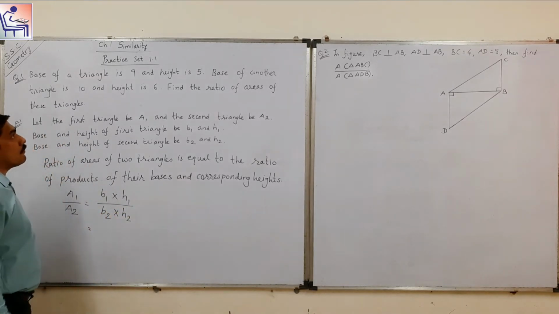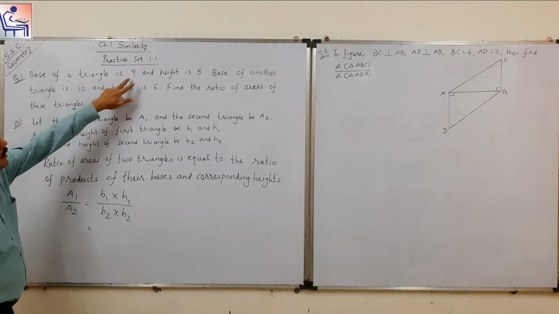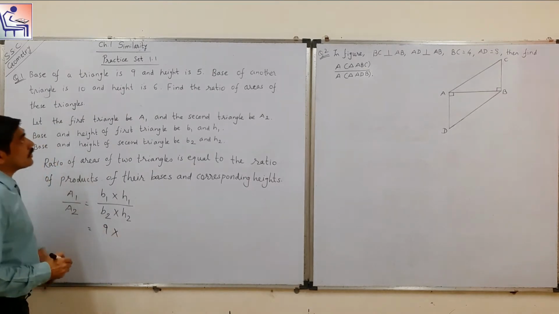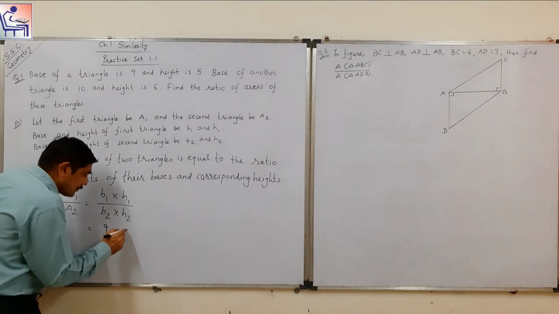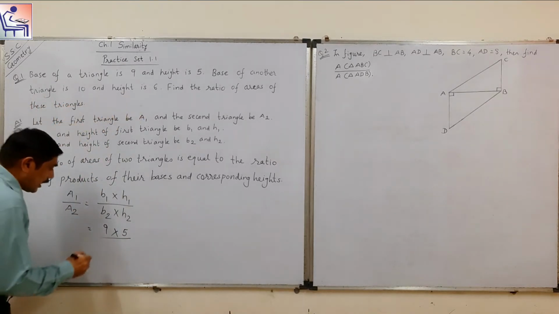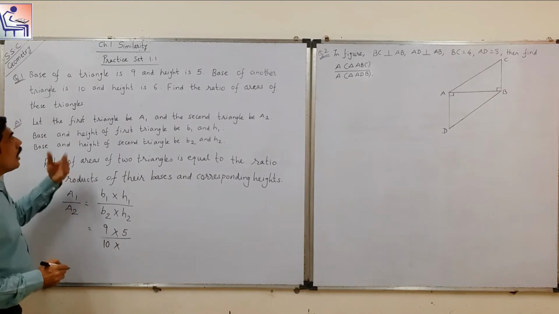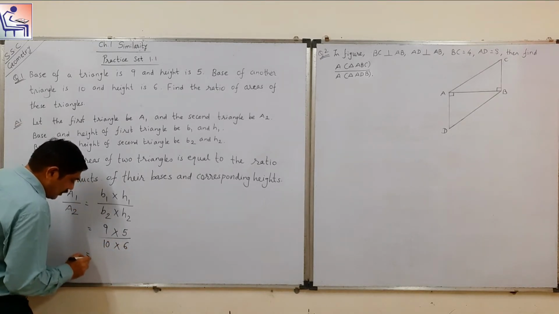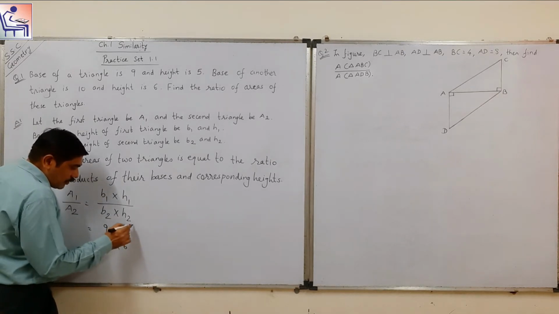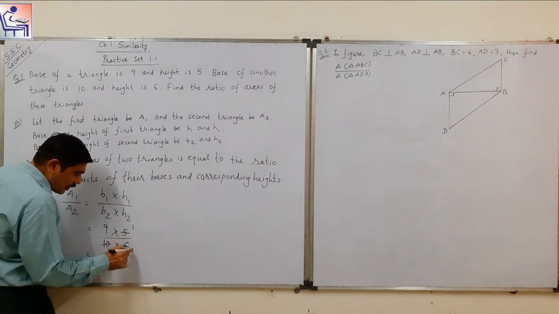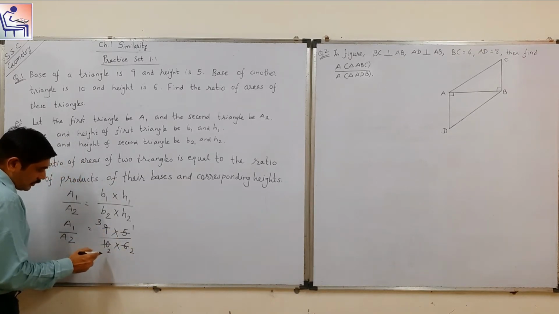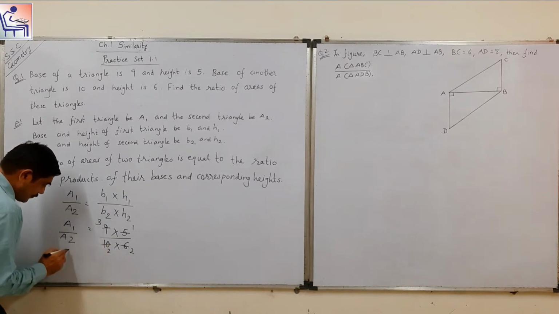Now what is the base of the first triangle? B1 is equal to 9 and the height of the first triangle is 5. Now the base of the other triangle is 10 and the height is 6. So we have to cancel and find the final answer. 5 ones are 5, 5 twos are 10; 3 ones are 3, 2 twos are 4.